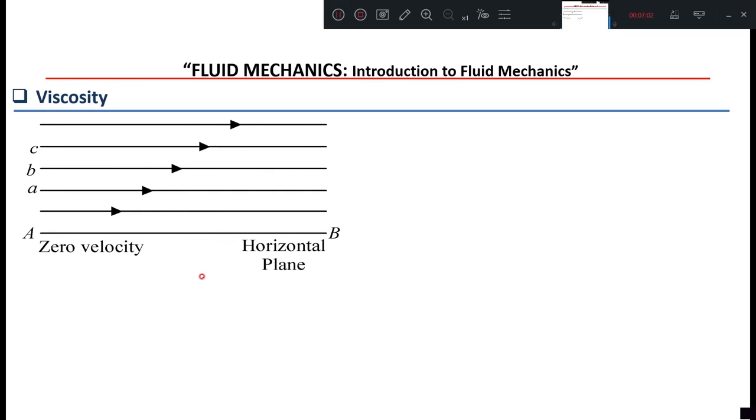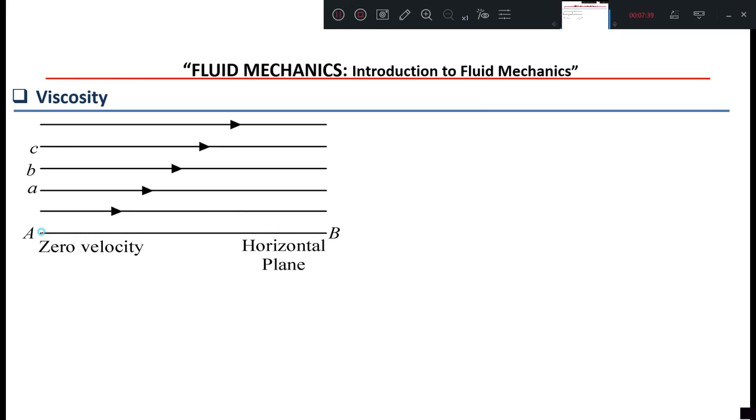So here, when a liquid flows on a horizontal surface, we have taken this AB as a horizontal surface or horizontal plane. When the liquid starts flowing on a horizontal surface, the velocities of different layers of liquid will be different. In the case of streamline flow, meaning the continuous flow of liquid, the layer of liquid in contact with the surface remains stationary.